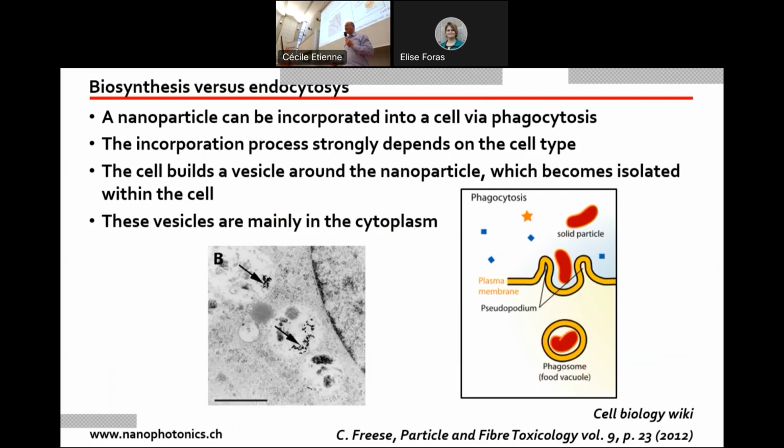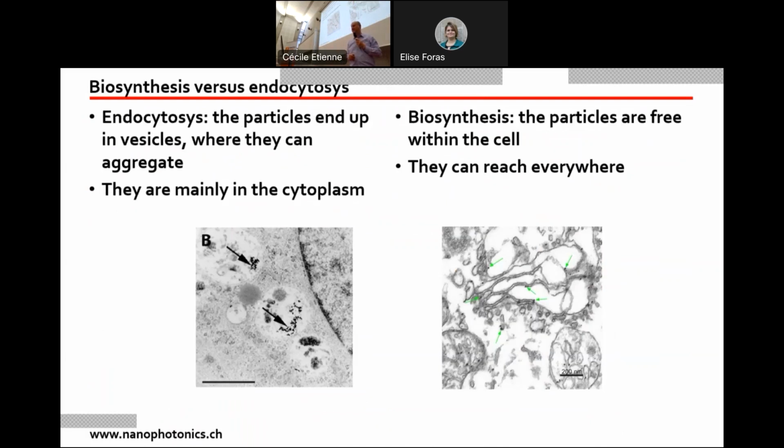And these vesicles, you will mainly find them afterwards in the cytoplasm. So in very specific places. Here we're not putting nanoparticle in contact with the cell, we're just putting gold salt. And it's the cell itself that produces the particle.